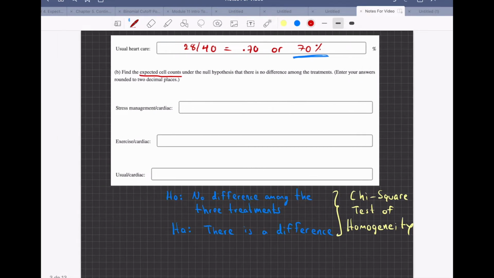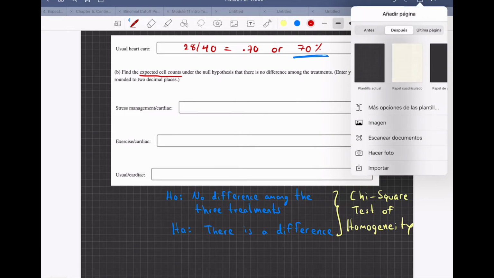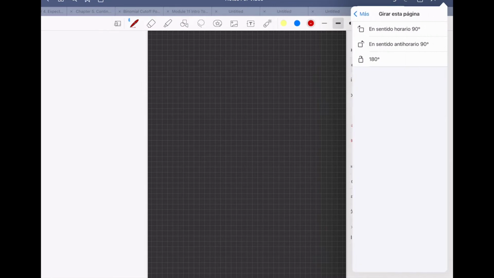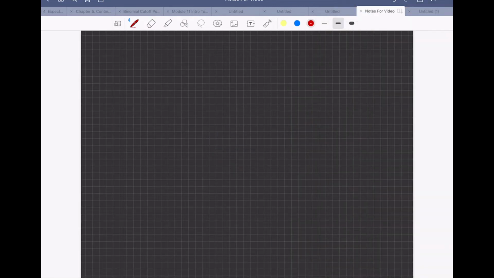Let me include one new page. All right, so here essentially we have two variables. The first one is stress program, and the other one is cardiac event.